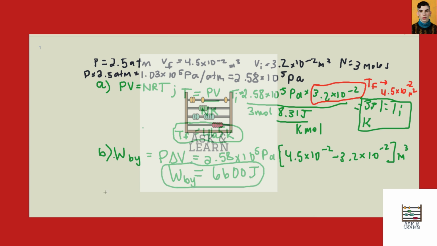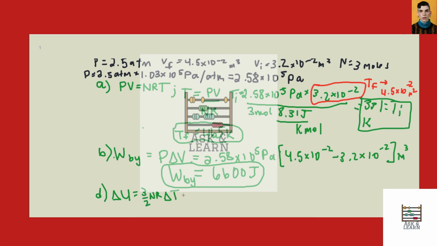Okay. And then for D, to get the change in internal energy, you want to use delta U equals 3/2 nR delta T, which is true if the number of moles stays the same. Otherwise, more generically, U is equal to 3/2 nRT.